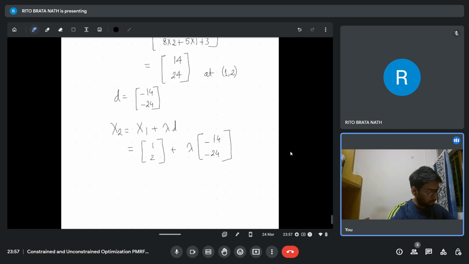And now what you will have is 1 minus 14 lambda, 2 minus 24 lambda.